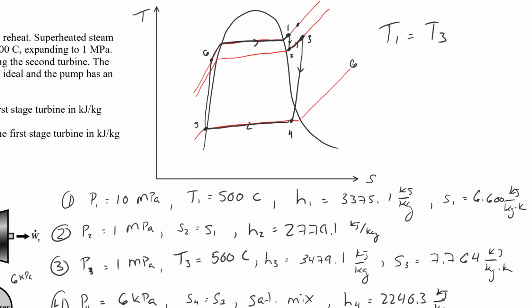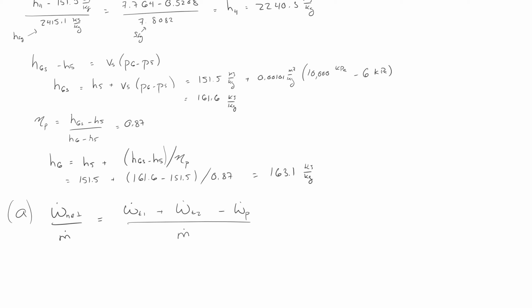In A, I'm asked to find the net work per unit mass that enters the turbine. So what that is asking me for is W dot net over m dot. You'll notice that we weren't given m dot in the problem statement. So W dot net is the work done by my first turbine plus the work done by my second turbine minus the work I have to put into the pump, and then all that over m dot.